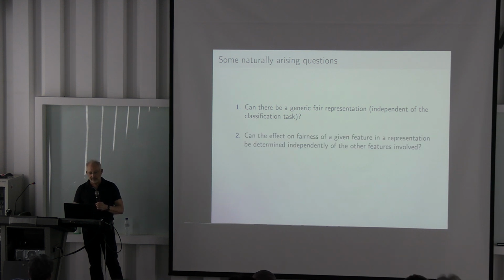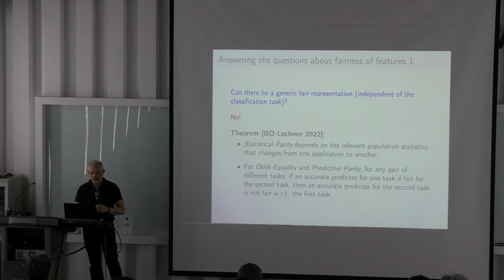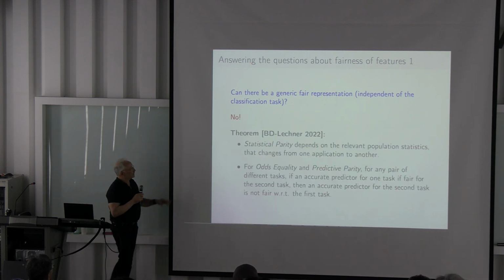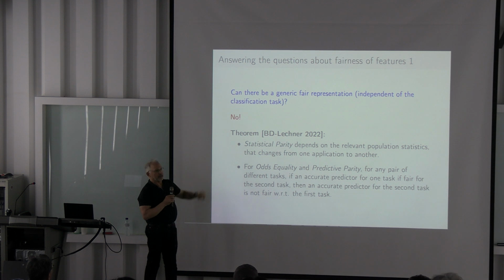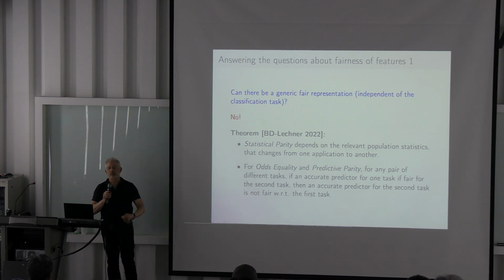Or can we detect which features cause unfairness and which do not? Anyway, we have a result with my students. We proved that you cannot do it. This is with the same student from the result I showed last time: for each of those notions of fairness, you cannot have a fair data representation.